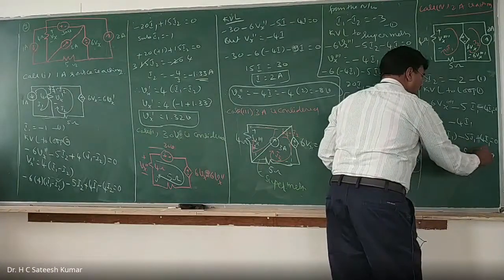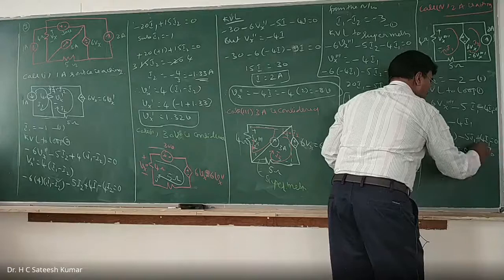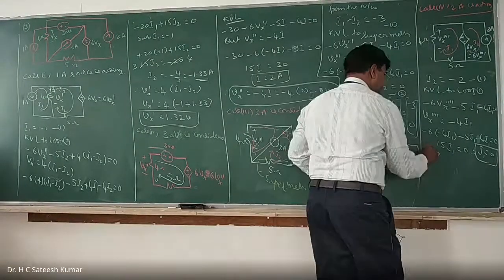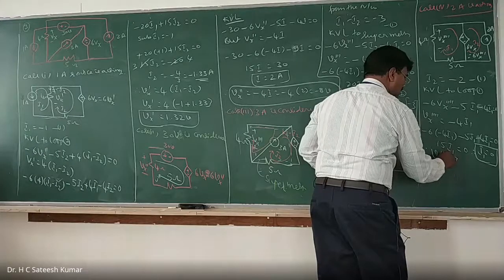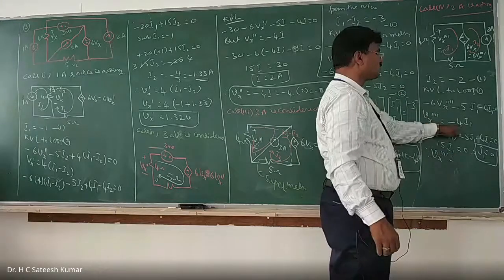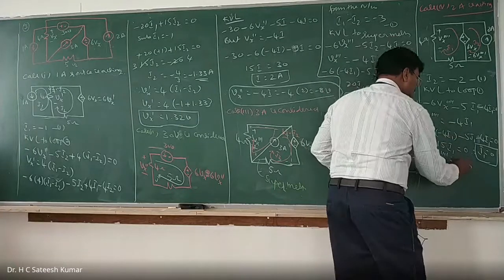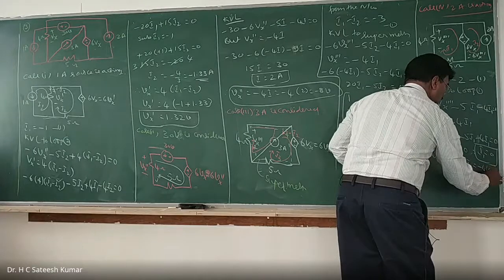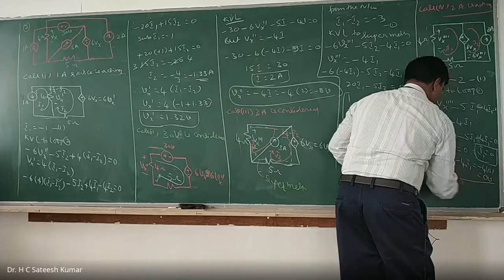Therefore, I1 is equal to 0. Therefore, Vx 4 dash is minus 4 I1, which is minus 4 into 0, equal to 0 volts.